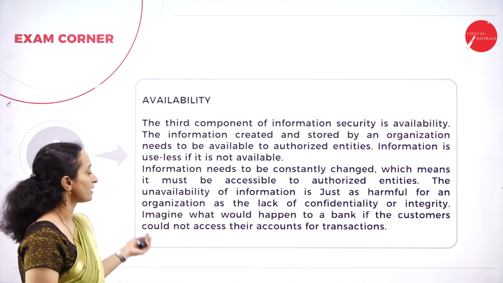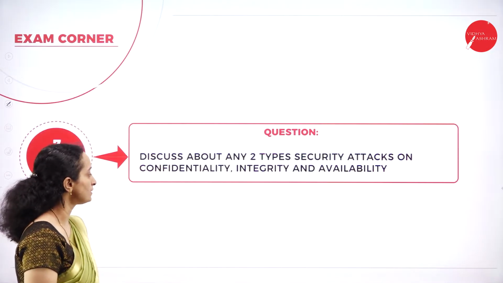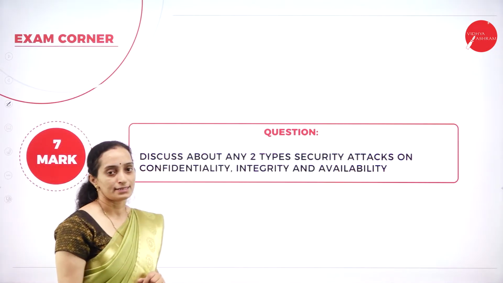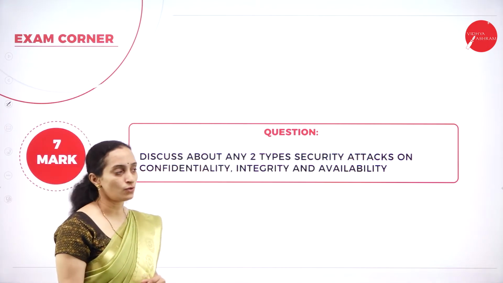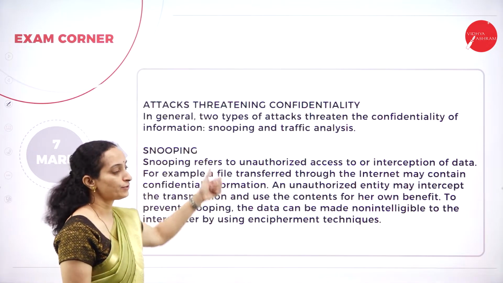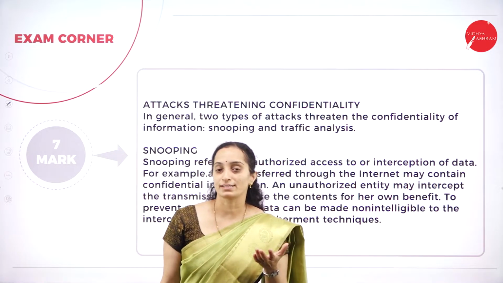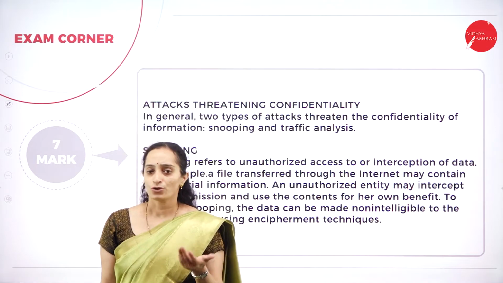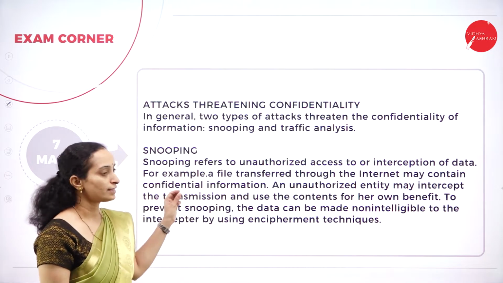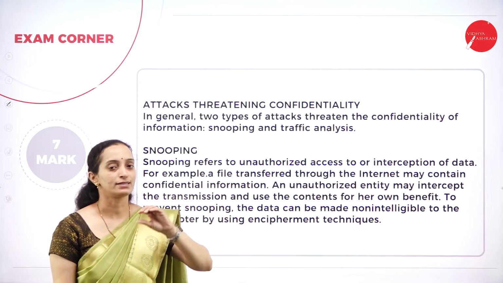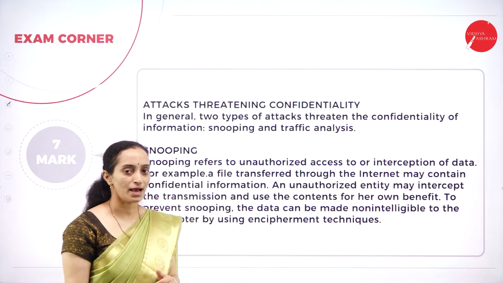Okay. So here we have the security goals. Then we have the security attacks on the goals. Here you have any 2 types. We have 4 types of attacks in confidentiality as well as integrity. No need to write everything. Usually they will ask 2 of one, 3 of each. So they may ask like that.